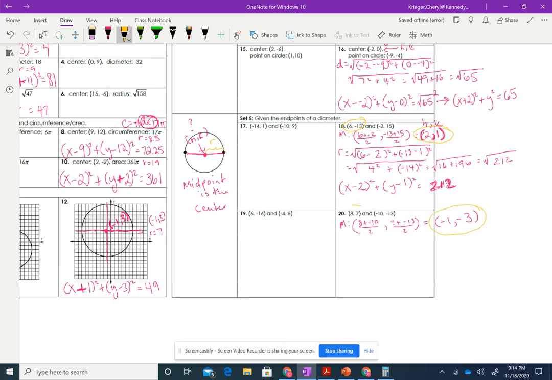And I'll pick the 8 and the 7. I think that'll be easier to work with for finding the distance. Radius is equal to the distance. So I'll do negative 1 minus 8 squared plus negative 3 minus 7 squared.